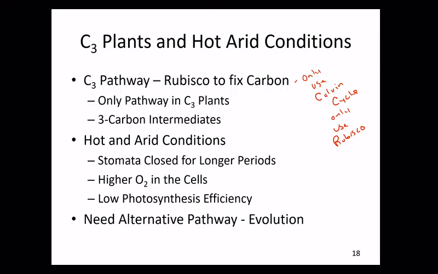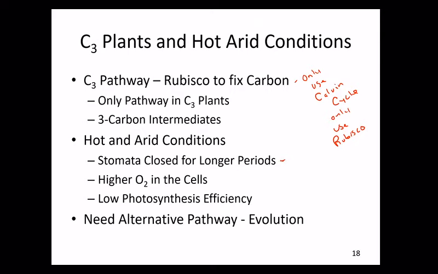They're referred to as C3 plants simply because they have this 3-carbon intermediate that's formed at the beginning of the Calvin cycle. These plants grow well in our area, not a lot of sunlight, not too hot most of the year. In areas where there's a hot, dry climate, think of Arizona, the Southwest, other desert regions, the stomata remain closed for a longer period of time.